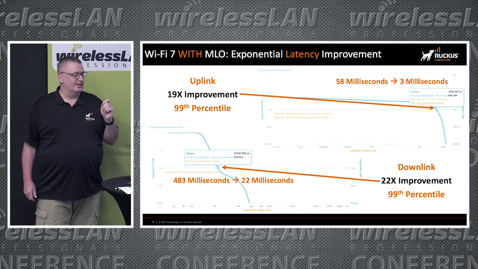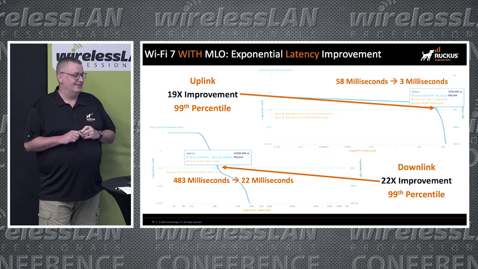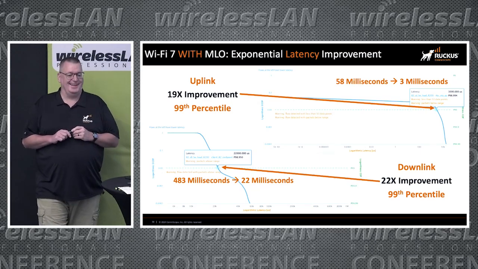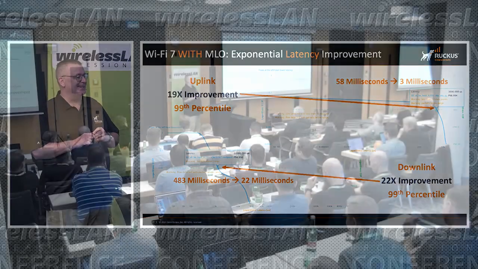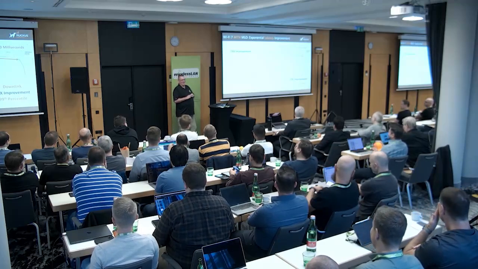So 3 on the uplink, 22 on the downlink. That is cool. And I tried to tell this to my wife, and she looked at me funny, and I'm like, I gotta bring this to some people to look at that and go, wow, that's cool. So that's the type of performance improvements that we've seen.